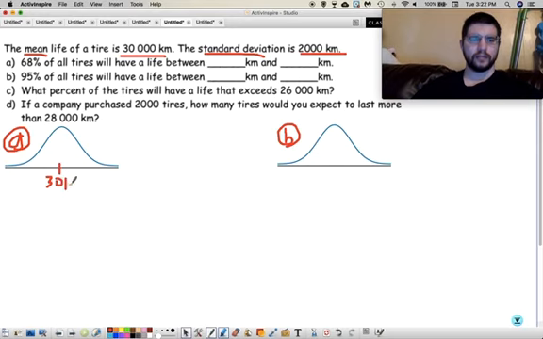Mean 30,000. And we're looking for these z-scores here. So this part right here, we know to be 68%.